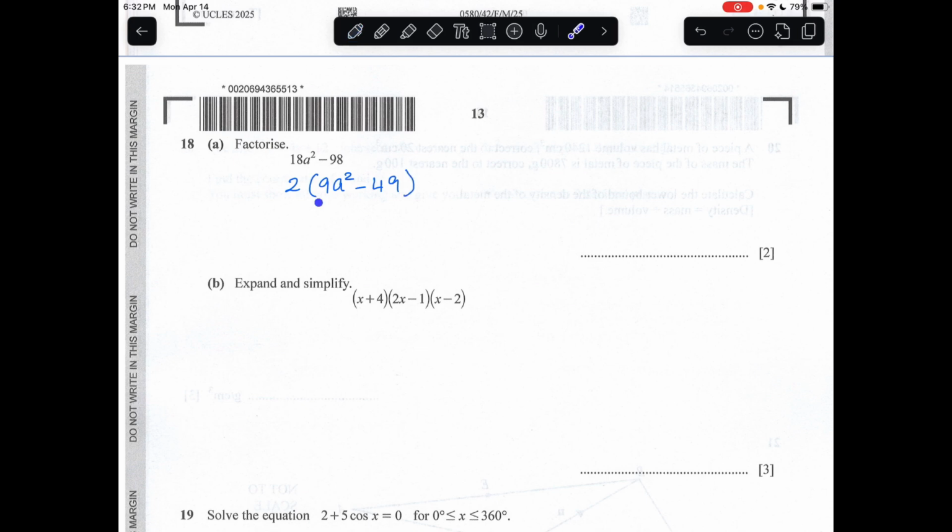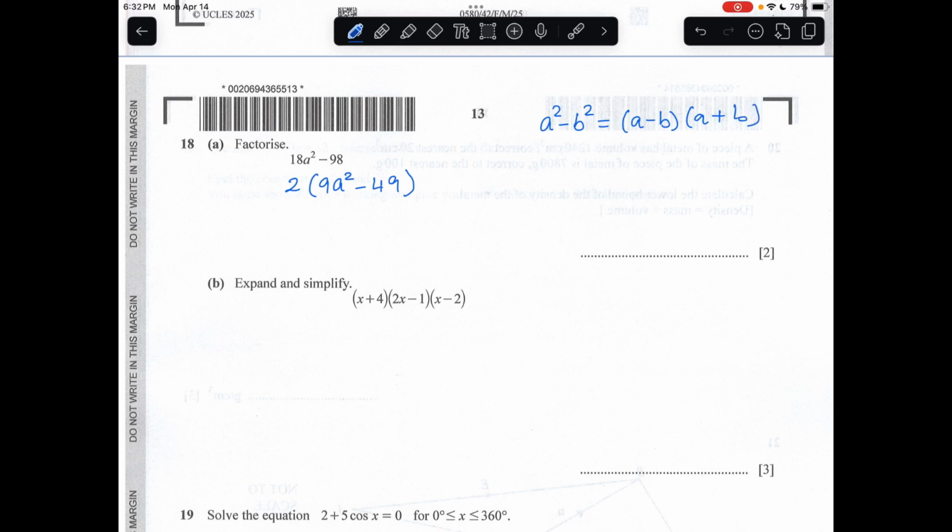Whenever we have two terms, we should think about taking a common factor. Now I know that 9 and 49 don't have any common factor. Then the second step would be thinking about the difference of squares. a squared minus b squared is a minus b times a plus b.